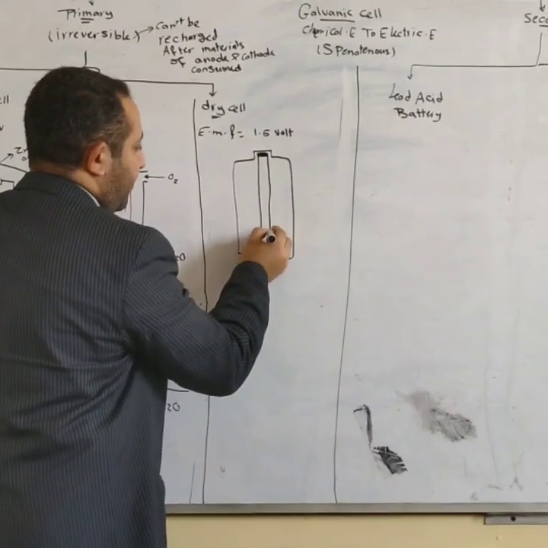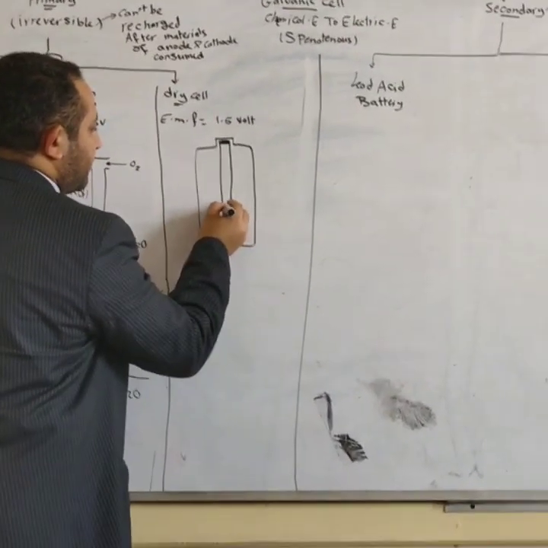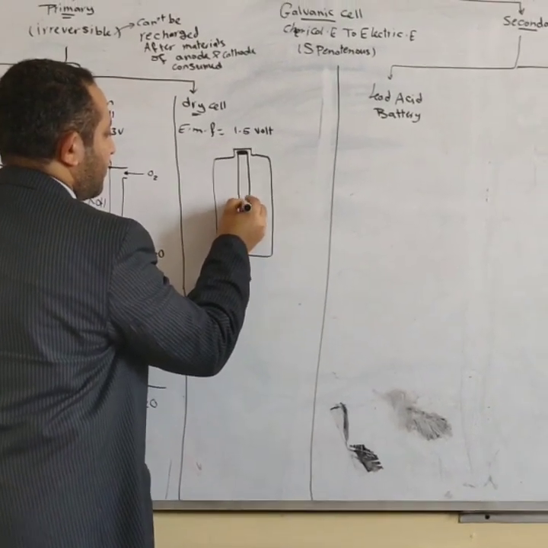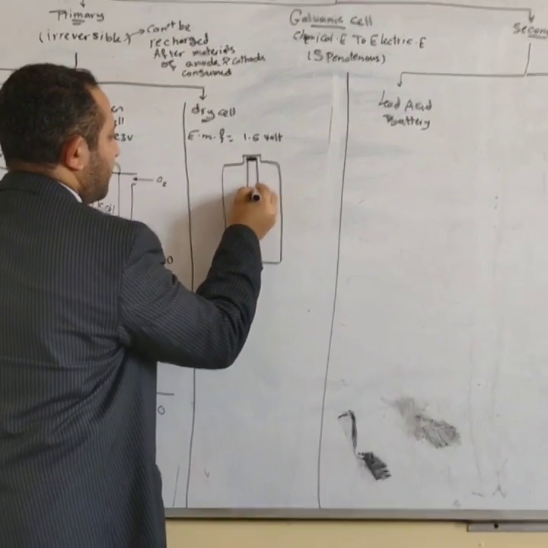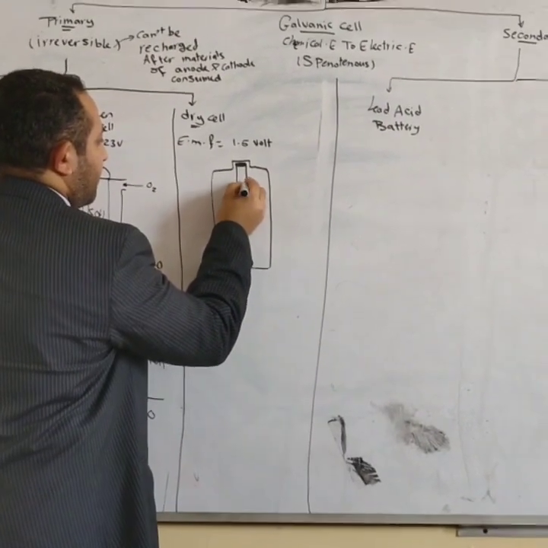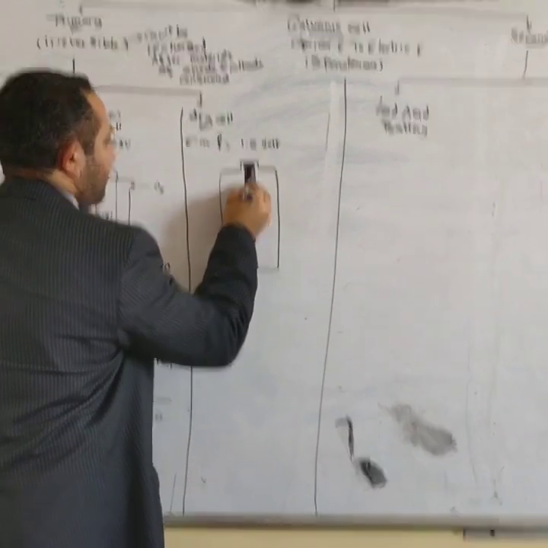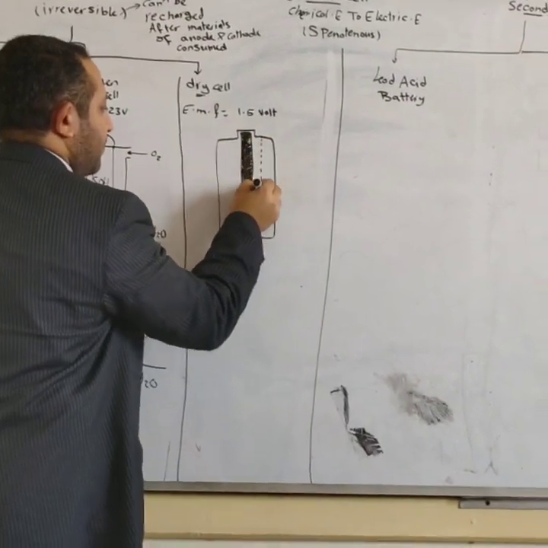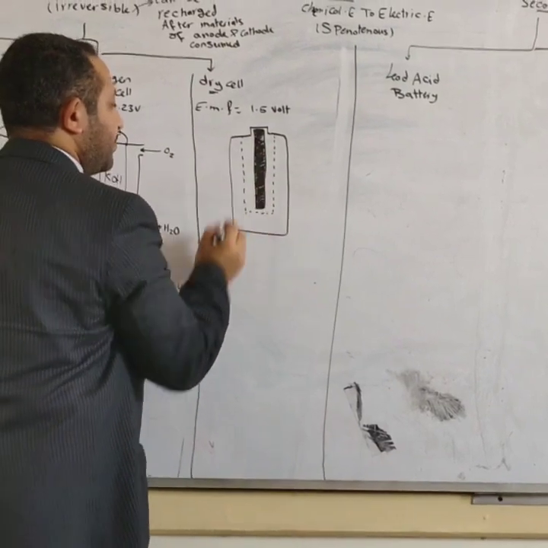This rod is made up of carbon, representing the cathode. The electrolyte consists of two parts.